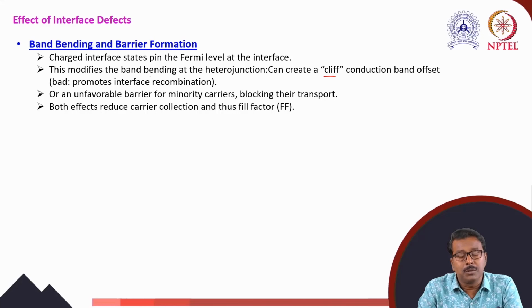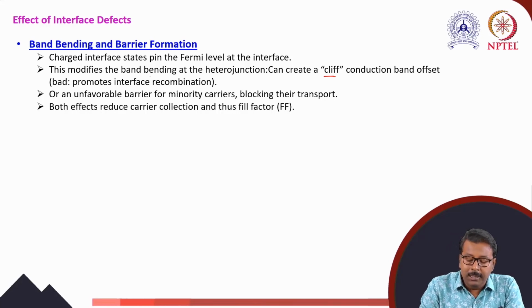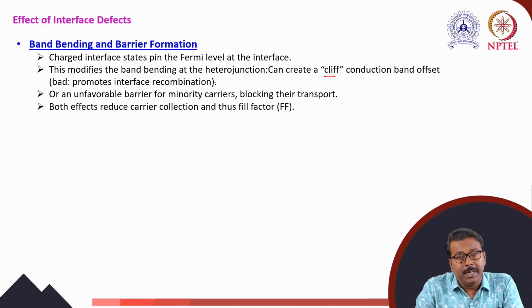Carriers cannot flow smoothly, and this cliff-type conduction band offset is very bad, and that promotes interface recombination. Due to this barrier, carriers will not propagate smoothly, and due to the presence of the barrier, either carriers may cross the barrier through the thermionic emission process, or through tunneling if the barrier width is very low.